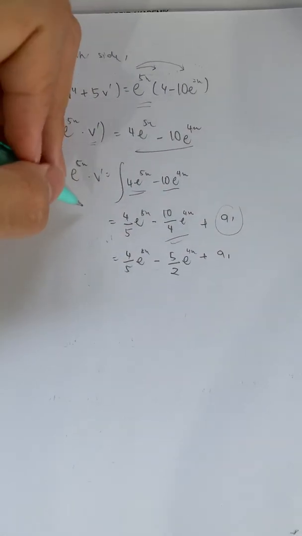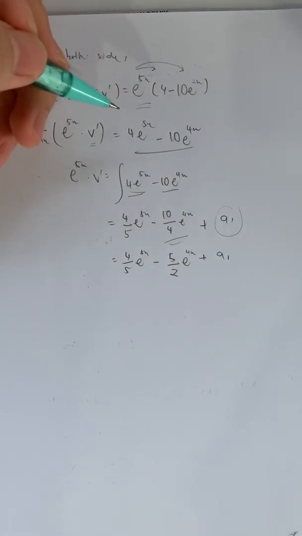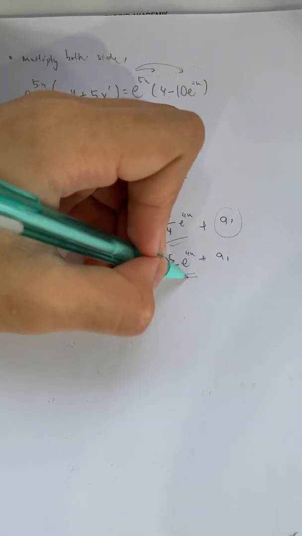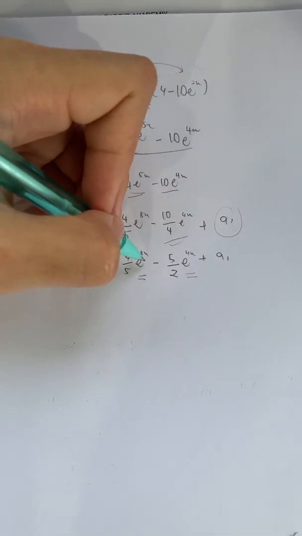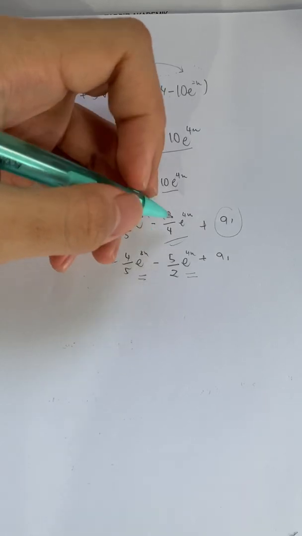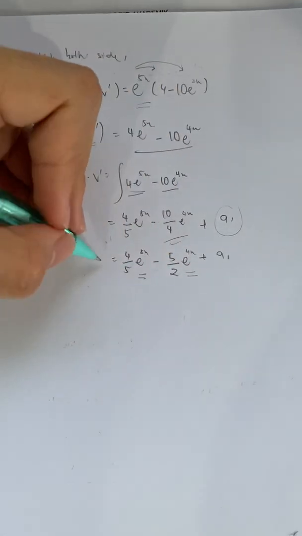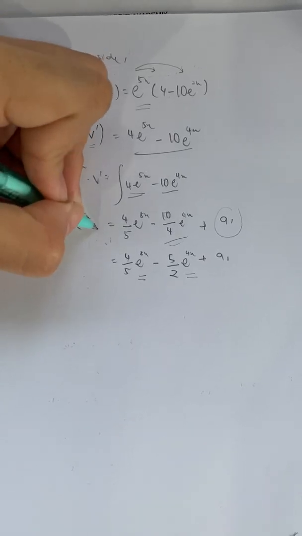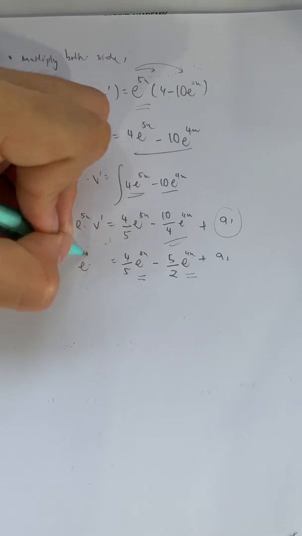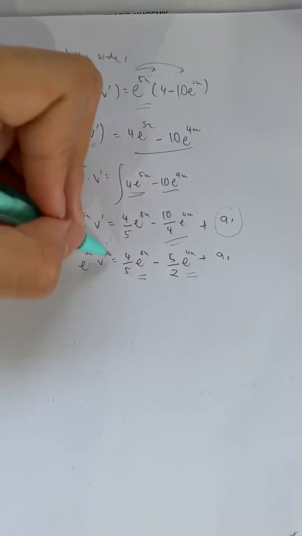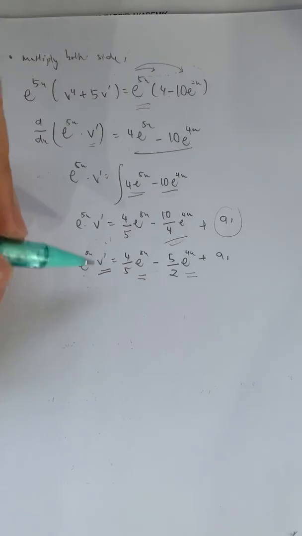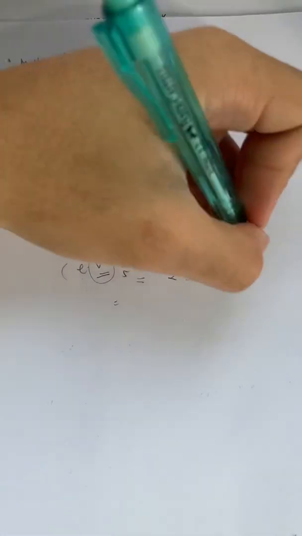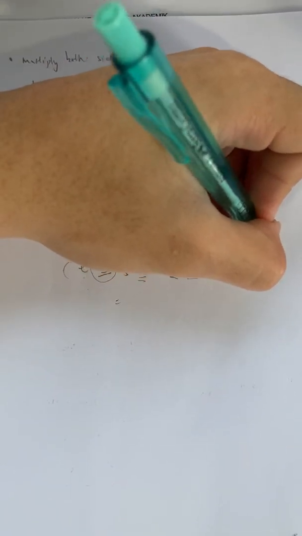So from this we can get rid of exponential 5x, because from this we know exponential 5x times v prime, the subject for this equation is only v prime. So all of this have to be divided by exponential 5x.